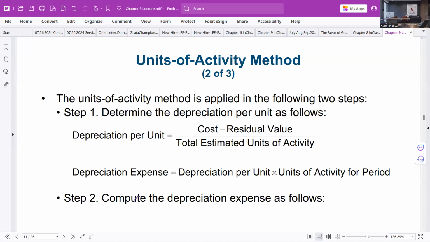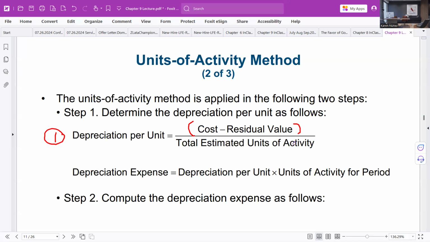Let's look at our second method, the units of activity method. The units of activity method is a two-step method. The first step is to find what we call the depreciation per unit. It's kind of a depreciation rate. We take the depreciable cost, which is the cost of the asset minus the residual value, divided by the total estimated units of activity.